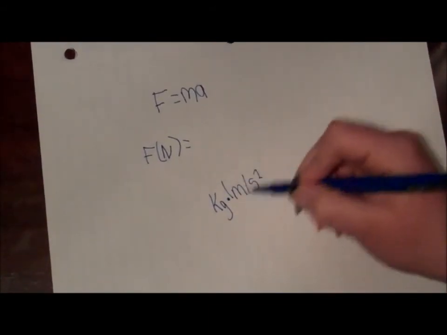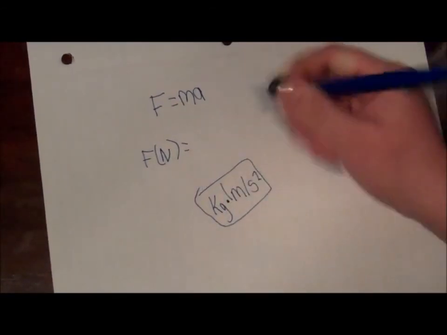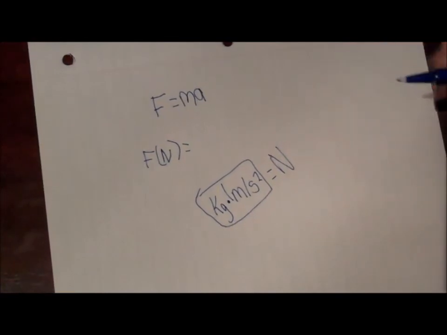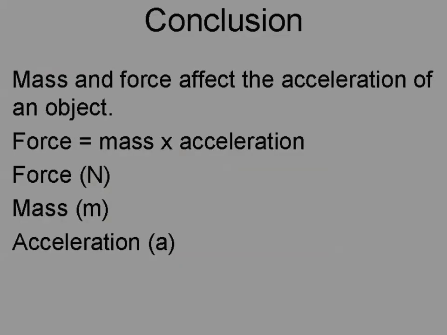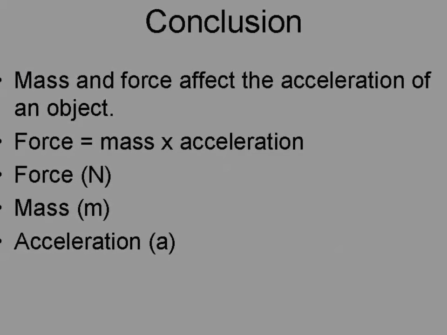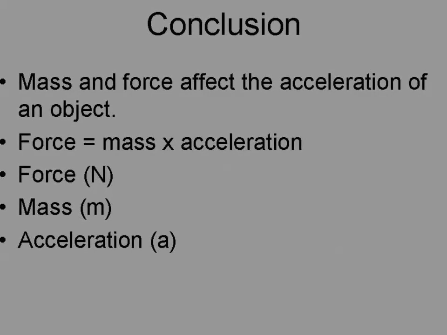So, a kilogram times 1 meter per second squared actually equals a Newton, and that is how force has the unit of a Newton. So in conclusion, mass and force affect the acceleration of an object.